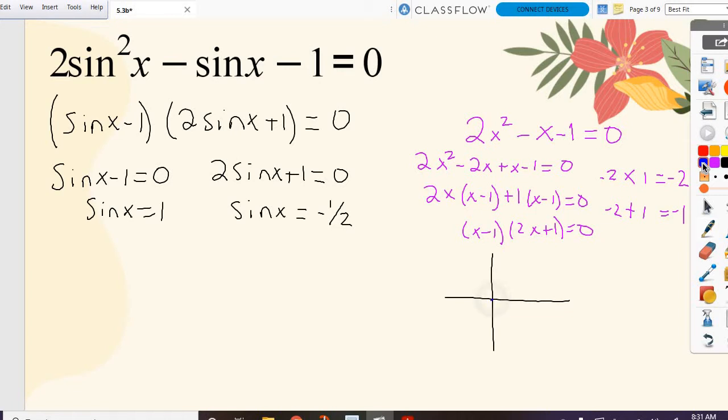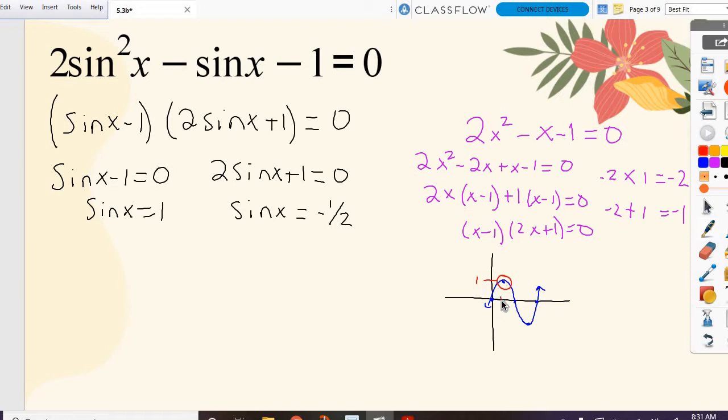For our sine graph, it goes through 0, 0. It's going to end at a 0 at 2 pi. At pi, we have a 0. And then halfway in between those are our minimum and our maximum. Well, if I'm looking for where sine of x equals 1, I'm looking for this point right here, because my maximum occurs at 1.